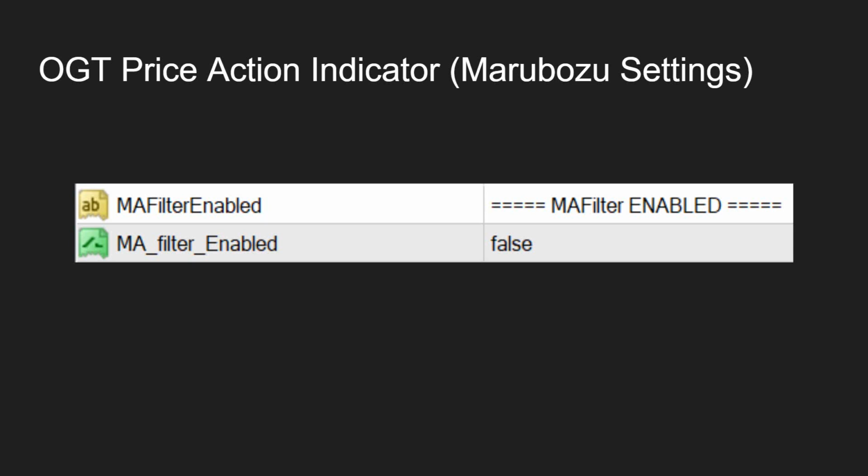Now, in terms of how you set this up within the price action indicator, as with all the other price patterns we went through in this series, we had dedicated settings that you can customize for your particular trading style. But for the Marubozu, because it's a very simplistic style, where there are no wicks or no shadows, there is no customization that's needed.